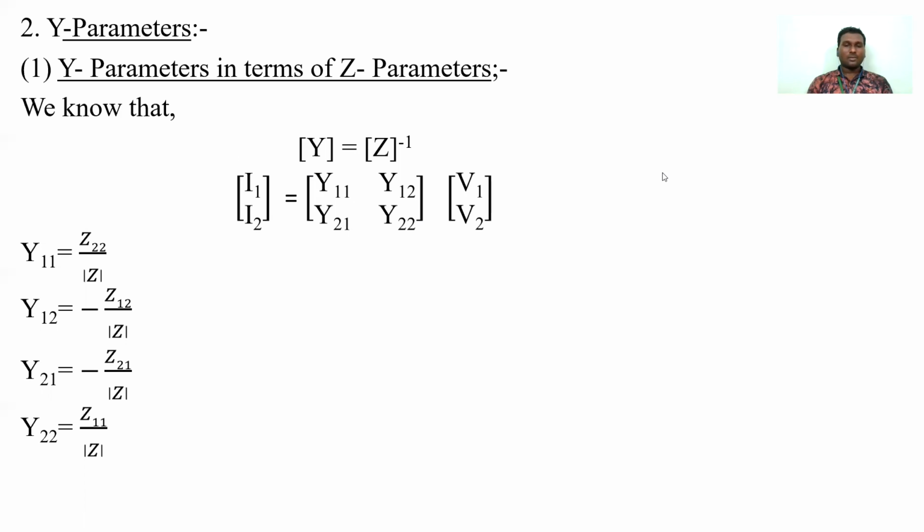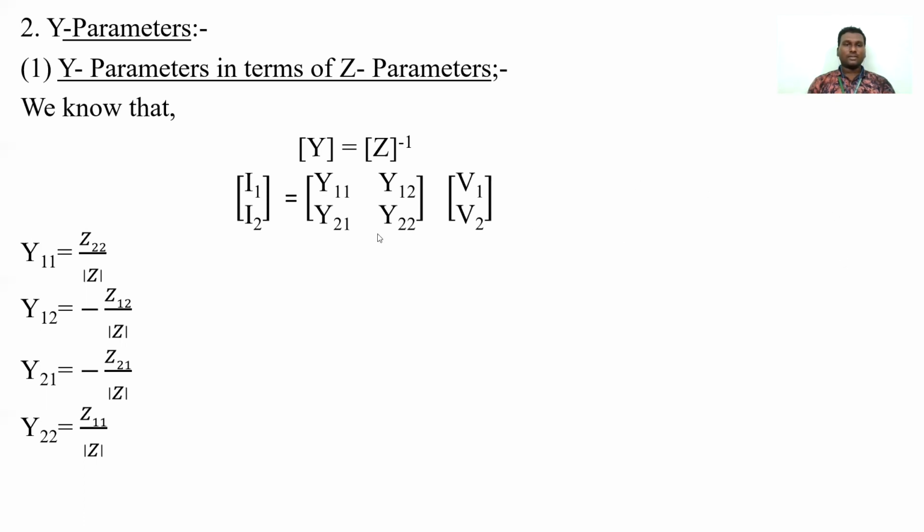So what is the inverse formula? Suppose if a matrix A is there, what is the inverse of A? Adjoint A by det A. So here it will be the adjoint of the Z matrix by the determinant of the Z matrix. What is the adjoint? Adjoint is nothing but Z22, minus Z12, minus Z21 and Z11.